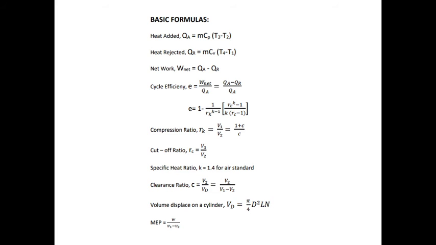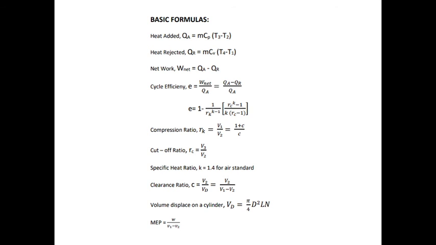And then heat rejected is M times CV, constant volume, times T4 minus T1, since the temperature decreases from point 4 to point 1. So the heat is rejected from that process from point 4 to point 1.